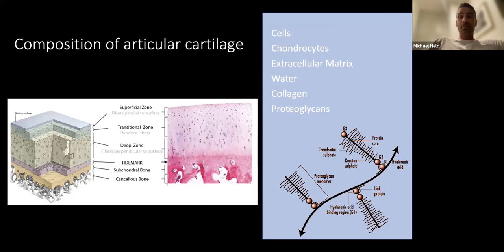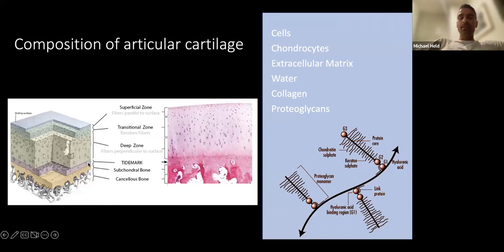The proteoglycan is like a sponge to hold water and to organize water molecules, and to give it the property of shock absorption. In the deep zone, you have fibers oriented perpendicular to the bone to anchor the cartilage. A very important area there is the tide mark.